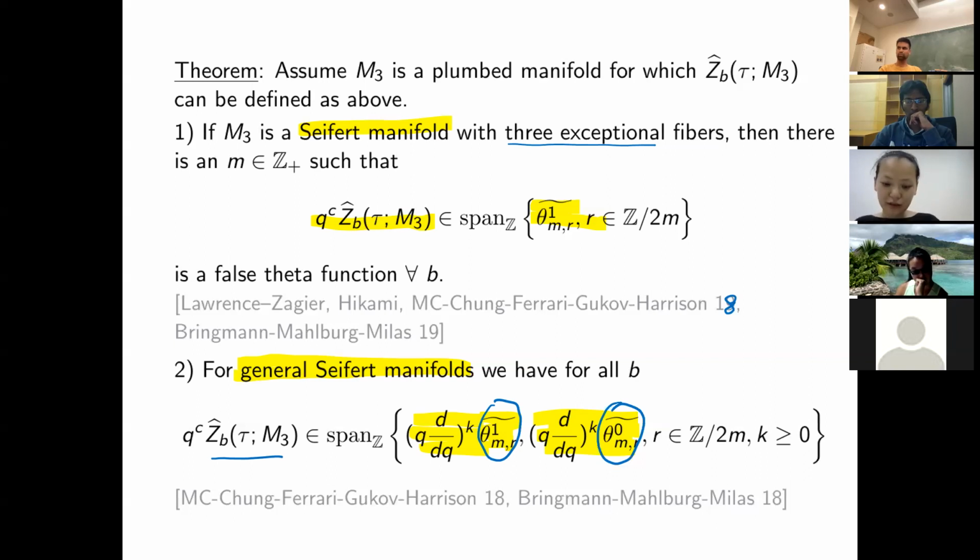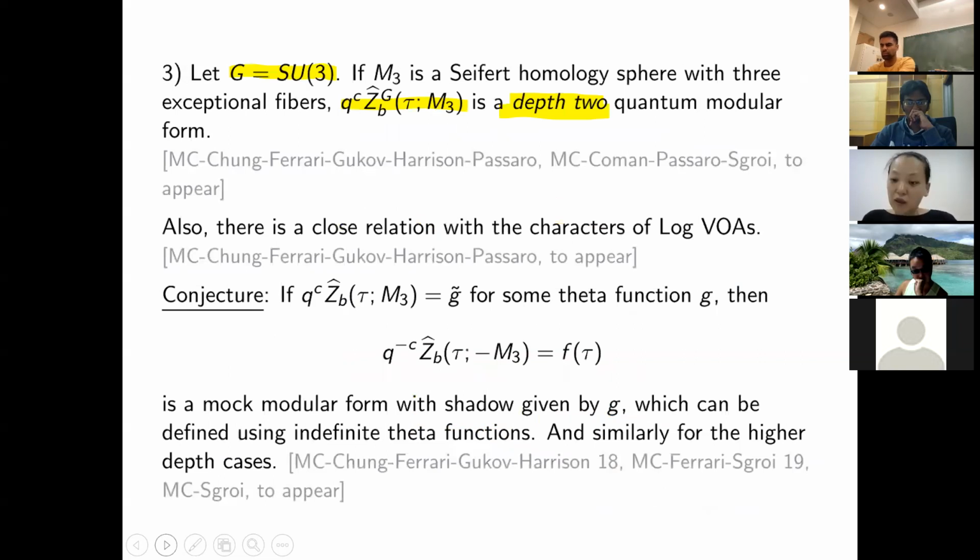So the story gets a little more intriguing and complicated, and the different types of quantum modularity reflect the different structure of trans-series for complex Chern-Simons on different types of 3-manifolds. And you can also generalize it to higher rank gauge groups. In fact, all ADE should be fair game.